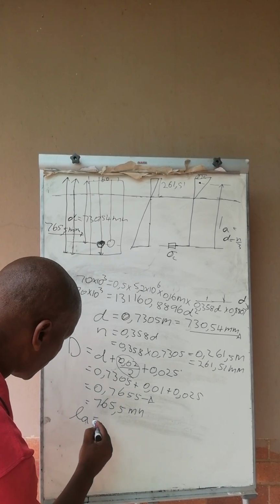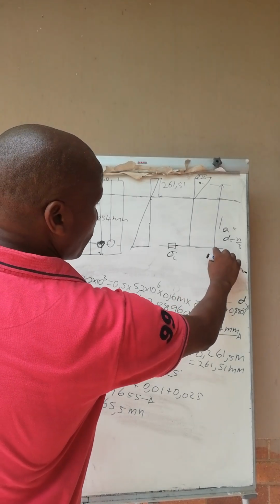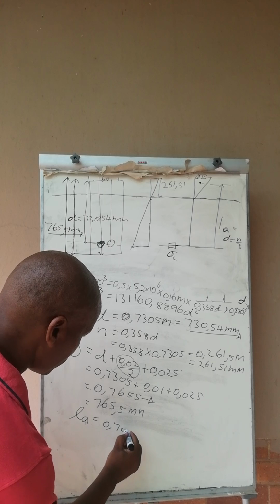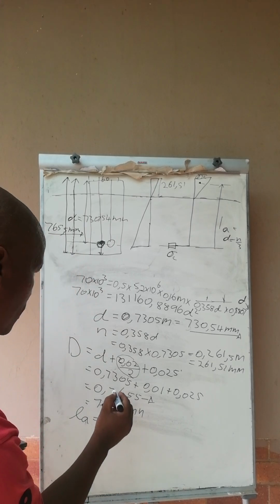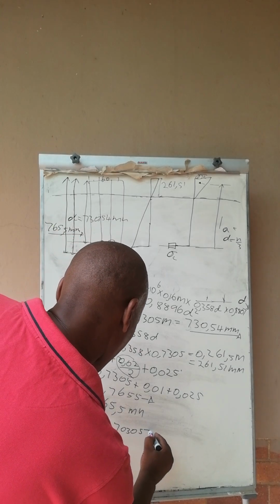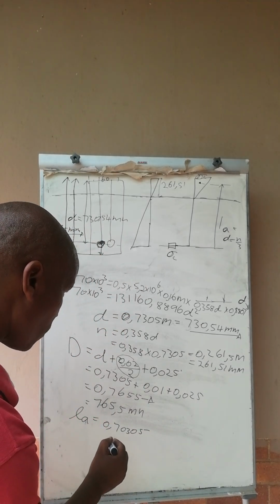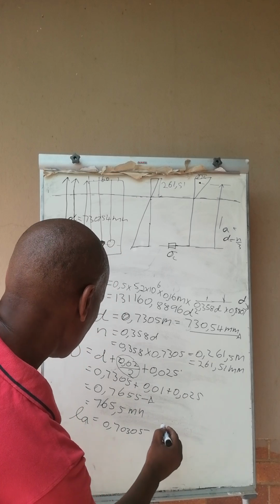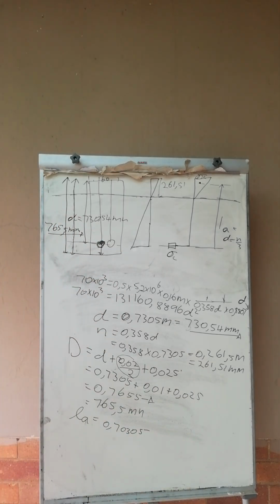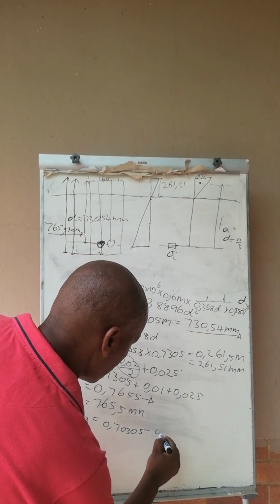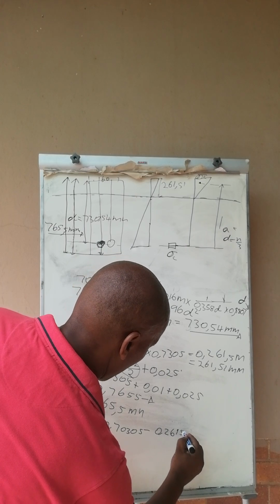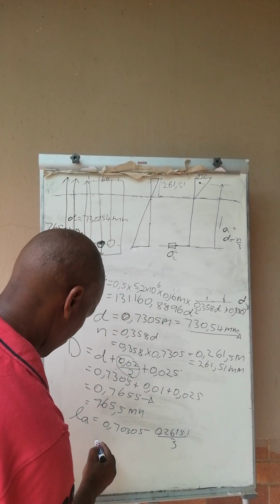LA, the lever arm from there to there, is 0.70305 minus N over 3. How much is N? N is 0.26151 divided by 3.